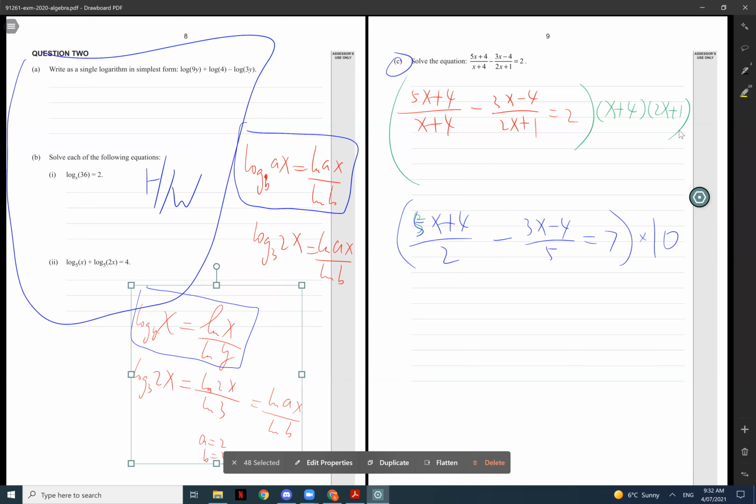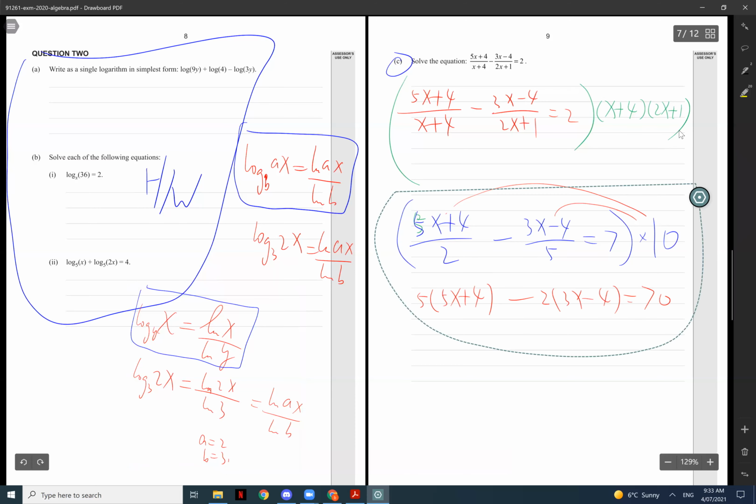The first one, you got 5 times this. The second one, just 2, because 10 divided by 5. The last one, just 70. Very similar to this one.